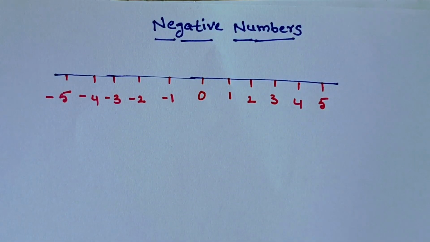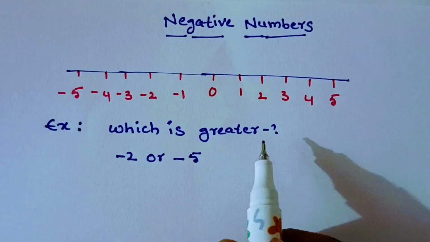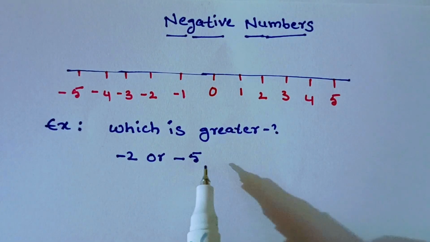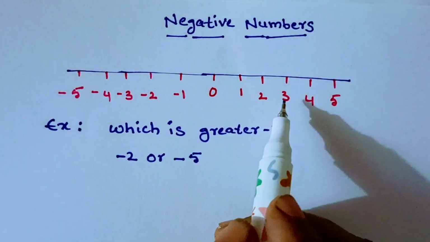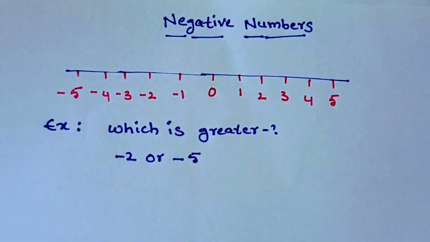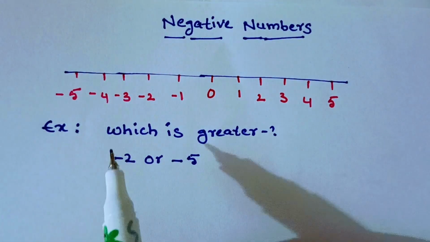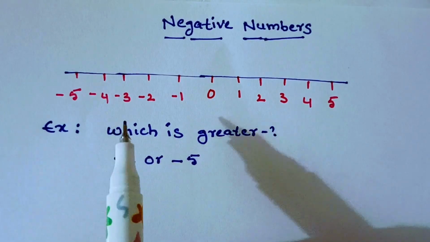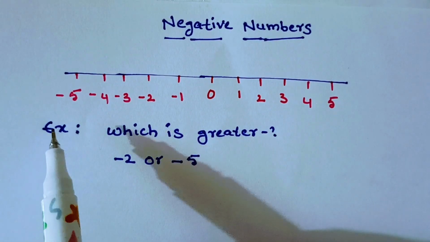For example, which is greater, -2 or -5? See on this number line, where is -2? Here -2, here -5. As we move towards the left, numbers become smaller.